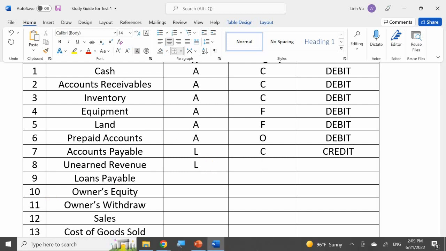When a customer pays you in advance for service you haven't completed yet, you owe them service. So if someone gave me $20 to clean the yard, but I don't clean the yard until Friday, then on Friday I owe them service. I have to complete it because they already paid me. They can come after me and say, "Hey, I gave you $20 and you didn't even do the job." So it's a liability because I owe them service.